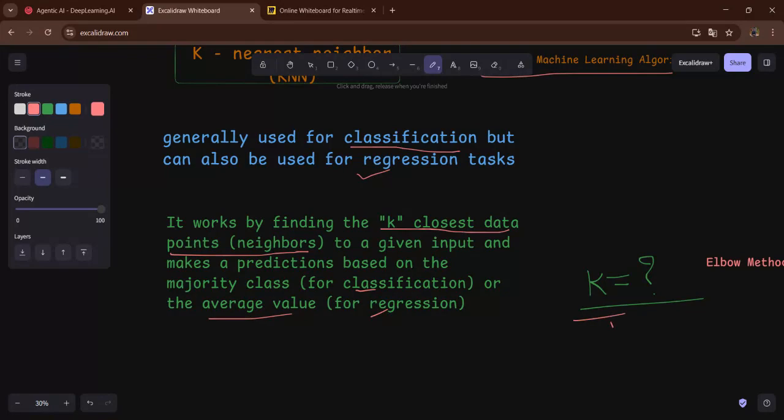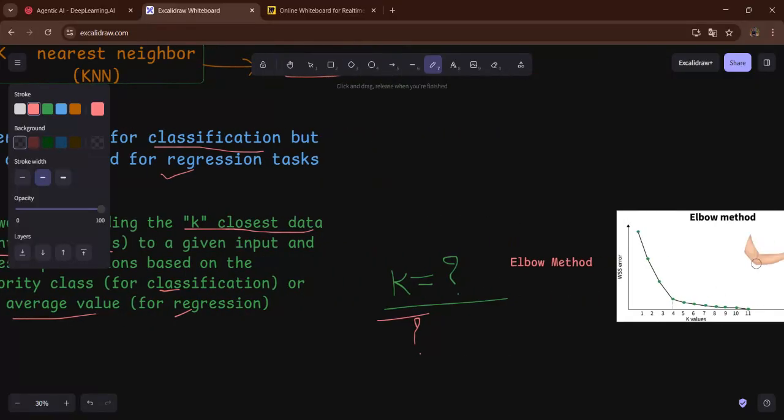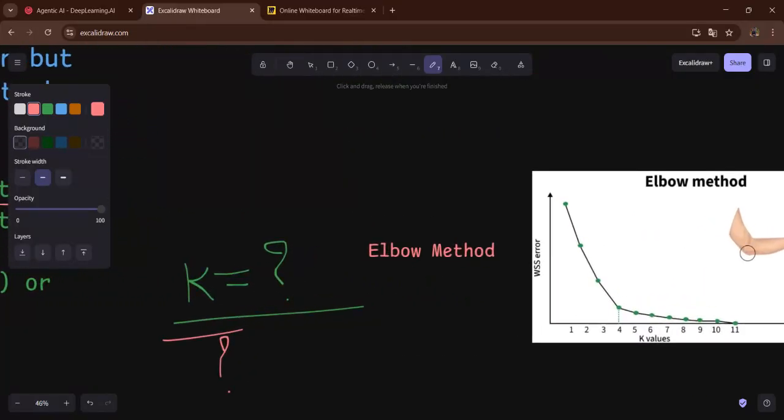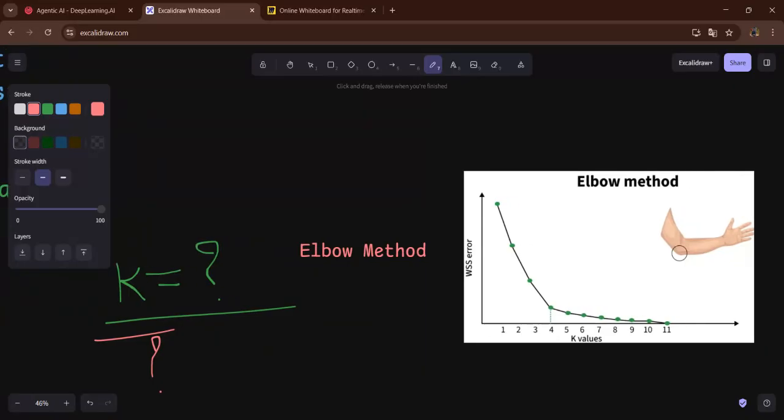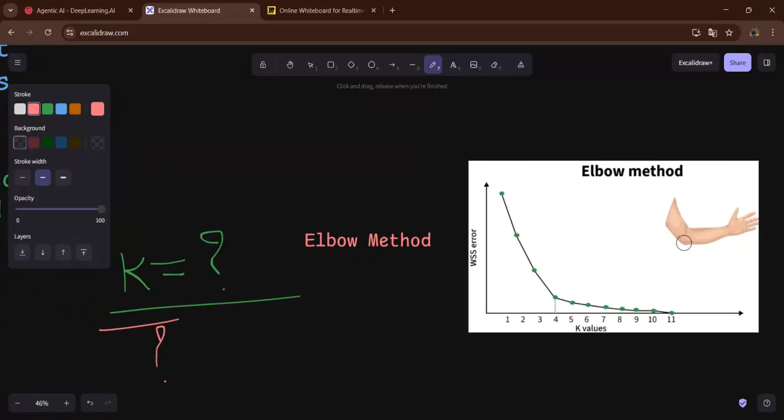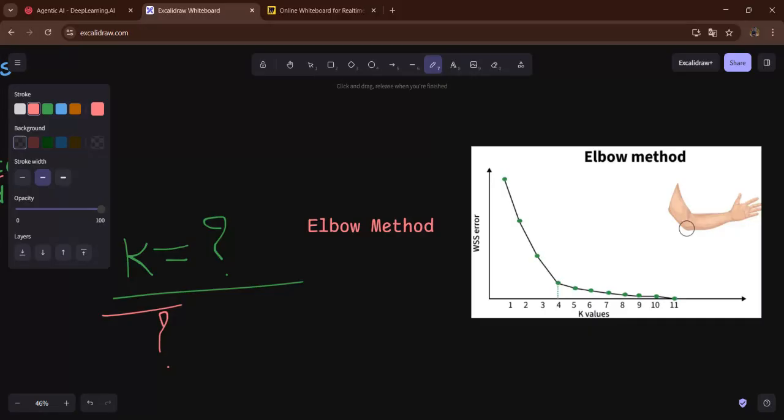So what is actually the k, and how is the k going to be decided? The k is decided by using the elbow method. We will see what the elbow method is in detail in our upcoming videos. For now, let's keep in mind the elbow of our hand. Where an elbow-like structure occurs, that point should be our k value.